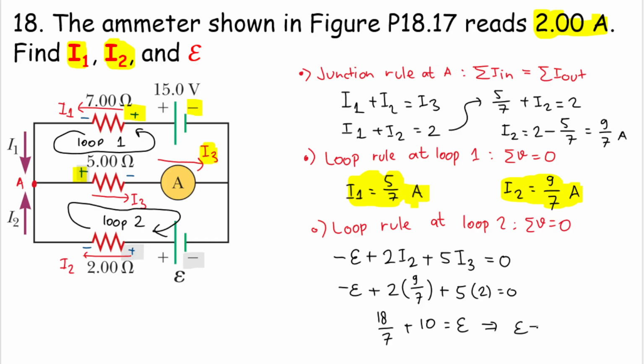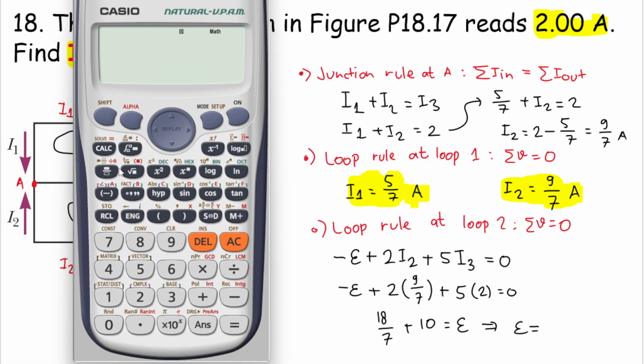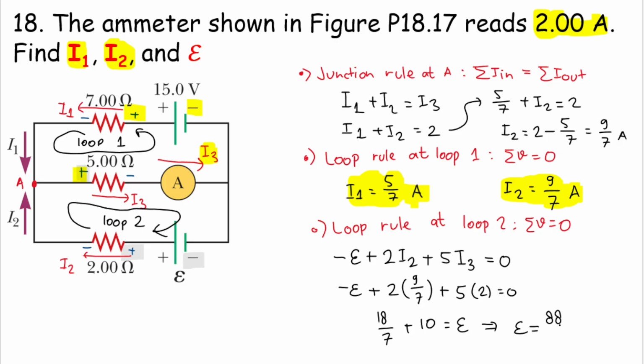So what is E? 18 over 7 plus 10. Okay, maybe let's just use a calculator for that. 18 over 7 plus 10. Okay, so I'll have 88 over 7.